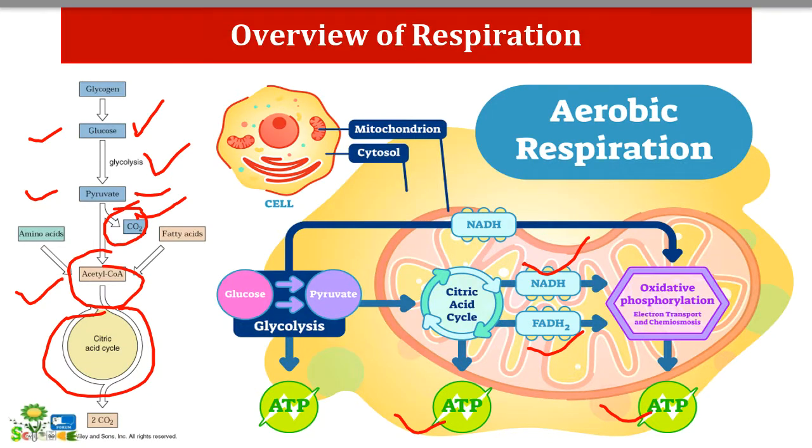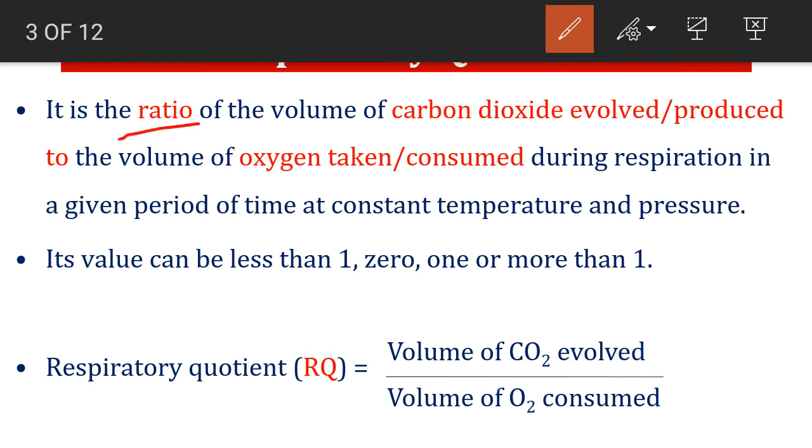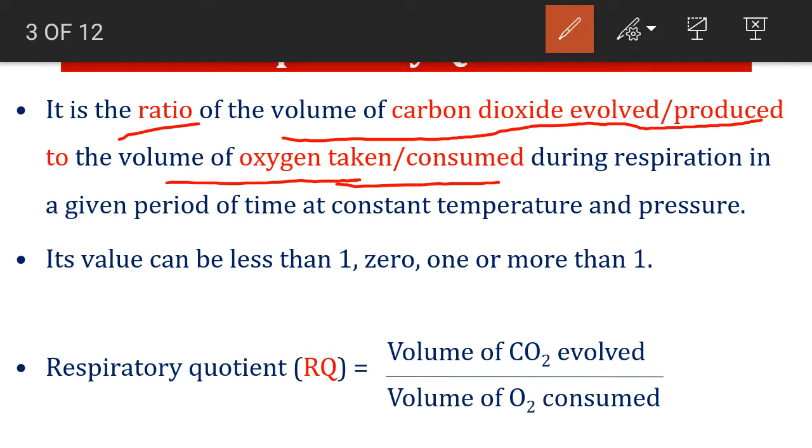So in this process we are studying the amount of carbon dioxide and the amount of oxygen involved. Respiratory quotient is the ratio of the volume of carbon dioxide evolved or produced to the volume of oxygen taken in or consumed over a given period of time at constant temperature and pressure.